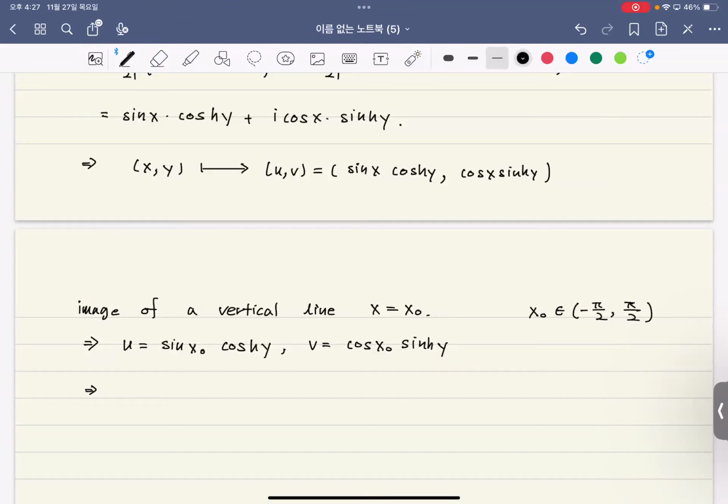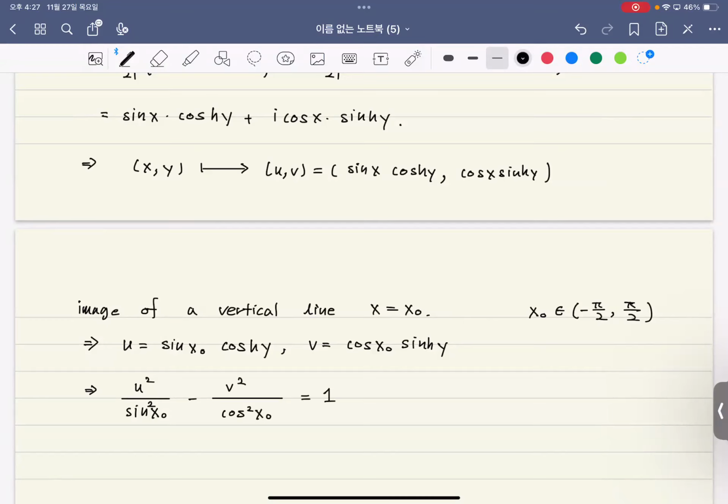Then, since hyperbolic cosine squared minus hyperbolic sine squared equals 1, u over sine x0, squared, minus v over cosine x0, squared, should be 1.